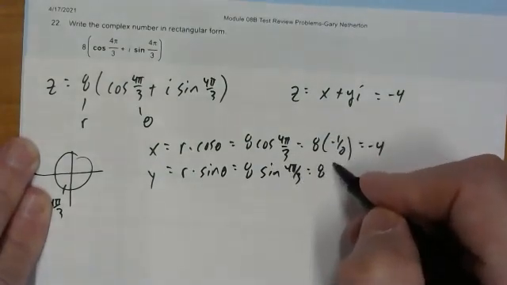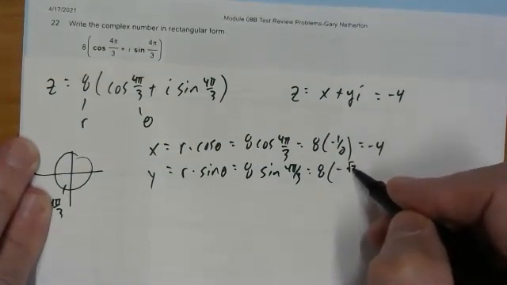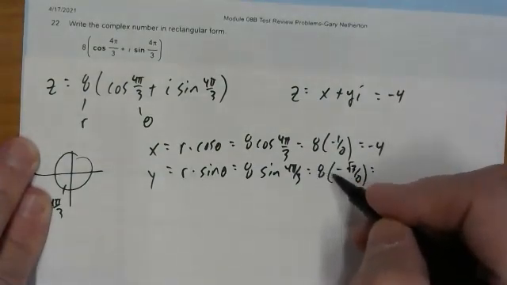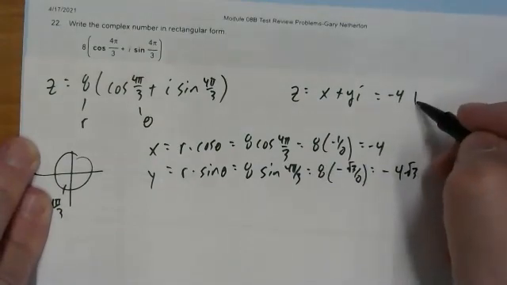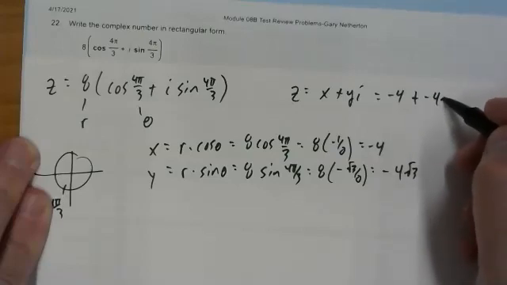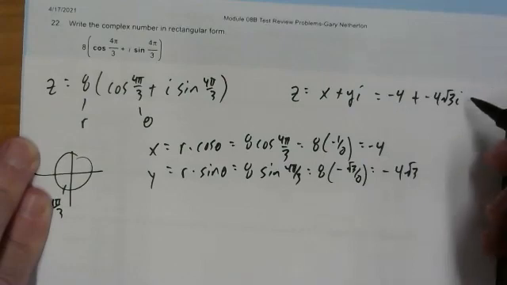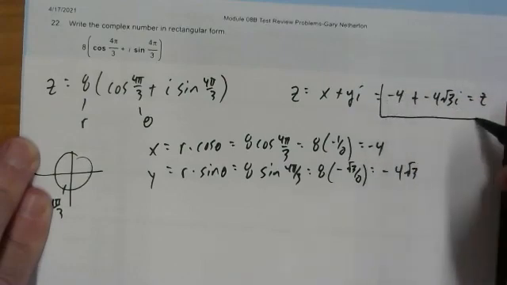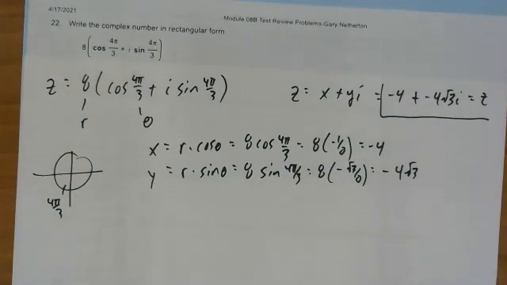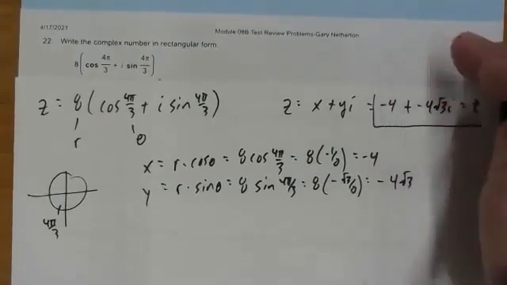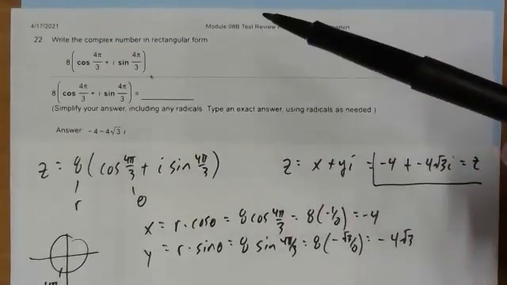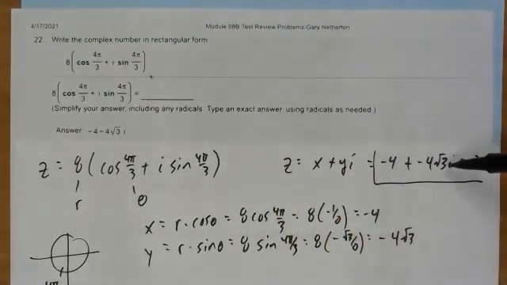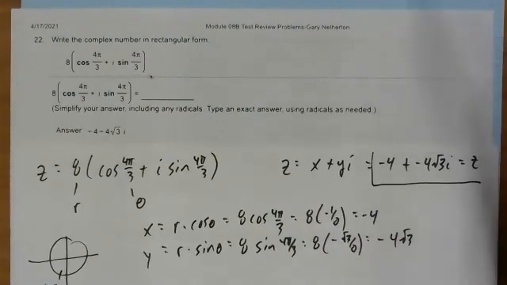Sine of 4 pi over 3 is negative square root of 3 over 2. 8 into 2 reduced down to 4, negative 4 square root of 3. That should be the complex number in rectangular form, if I don't make any mistakes. Negative 4 minus 4 square root of 3 times i. Yep.